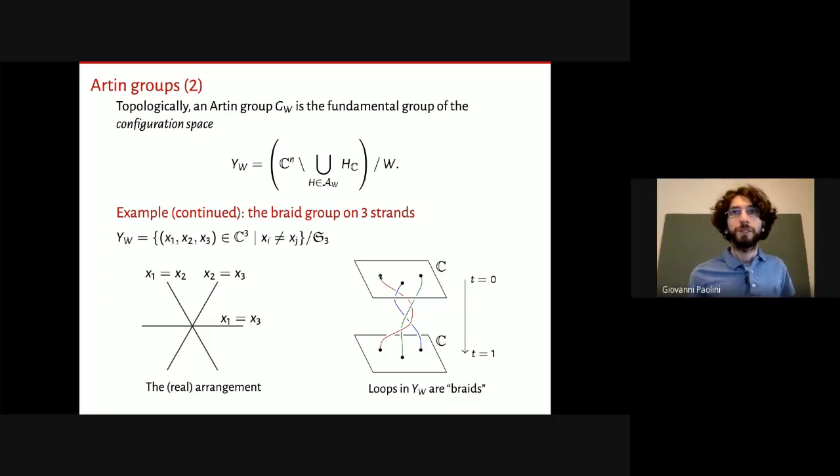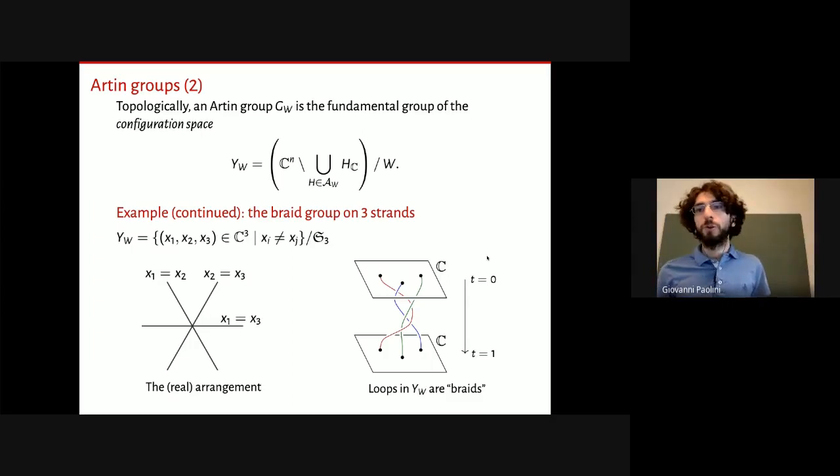So since there is a quotient by the symmetric group, those 3 points are indistinguishable for our purposes. So only they as a set are of interest to us. Okay, but we have to take one further step.